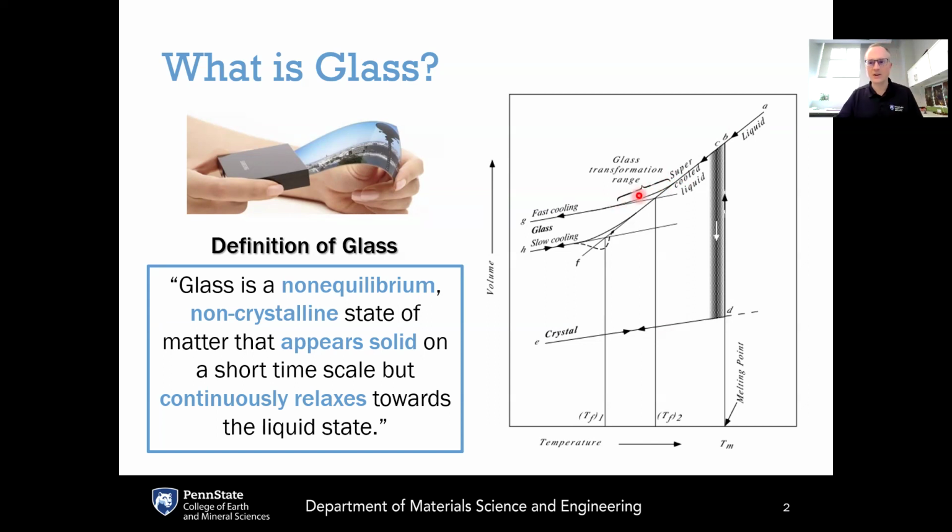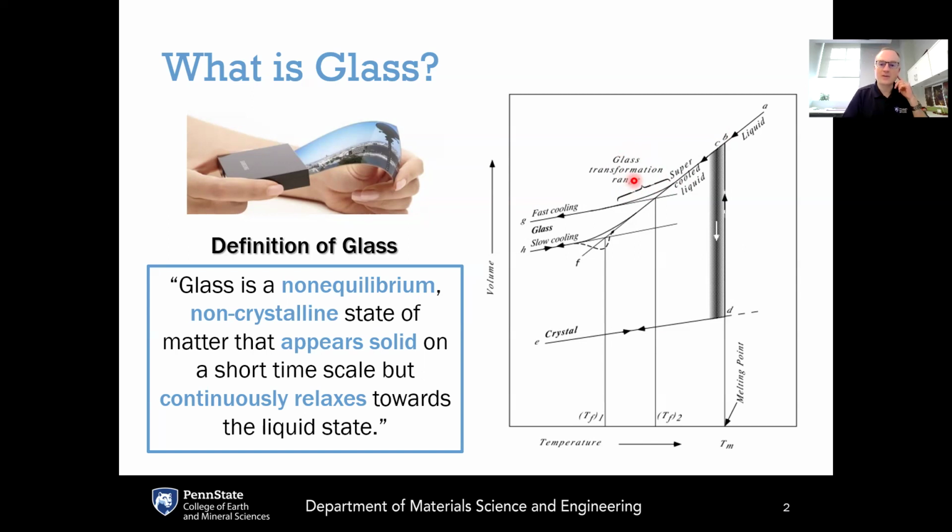This is not something that occurs at one specific temperature, but rather something that happens over a range of temperatures, as indicated by this curly brace shown here. Sometimes you'll see this labeled as the glass transformation range. Sometimes you'll see it labeled as the glass transition range. They both mean the same thing.